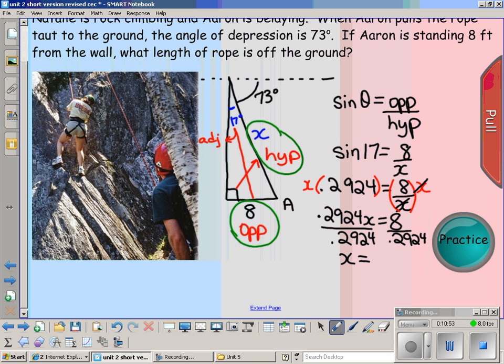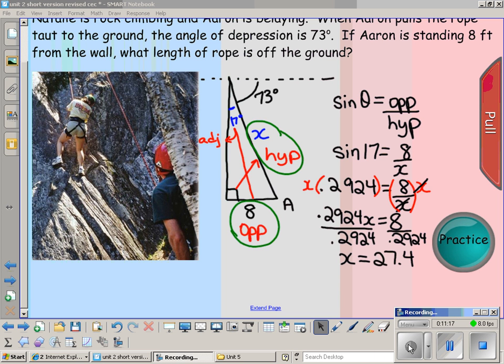And we get x is 27.4. So that is how much rope, and it is in feet, is out. So that's how much rope is off the ground, 27.4 feet.